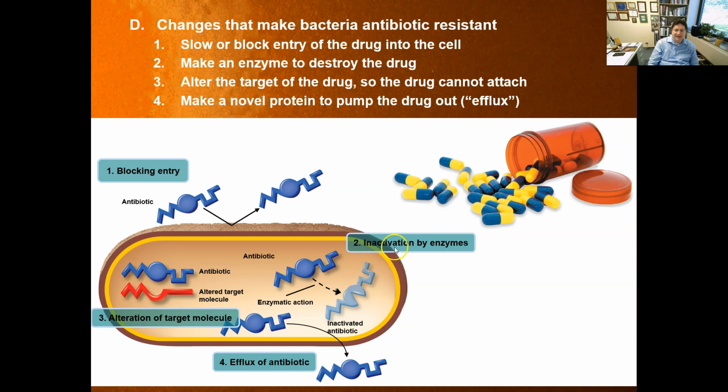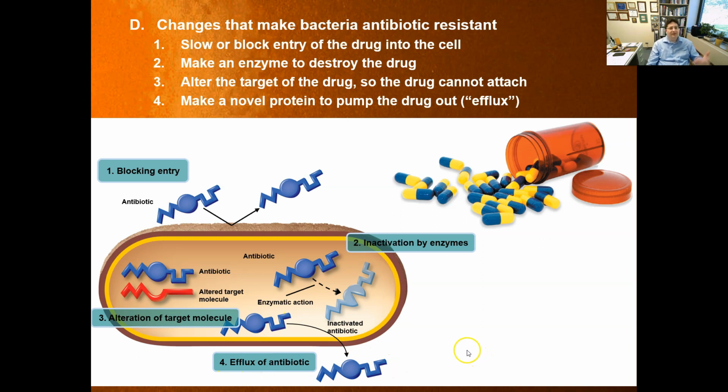You could have inactivation by enzymes. So the antibiotic or drug gets in, an enzyme that the bacteria makes breaks it down. Or we could pump the antibiotic out. So it gets in, a protein pumps this out. It's called efflux, pumps it right back out.